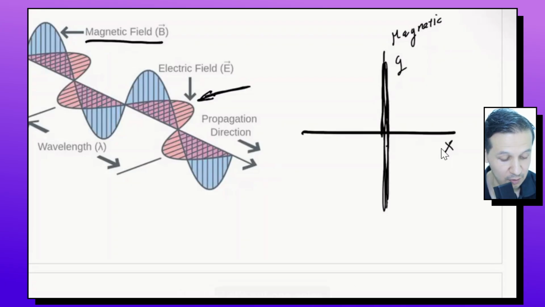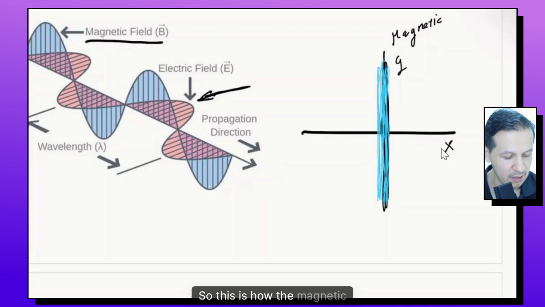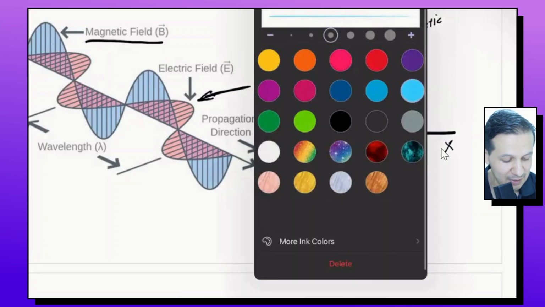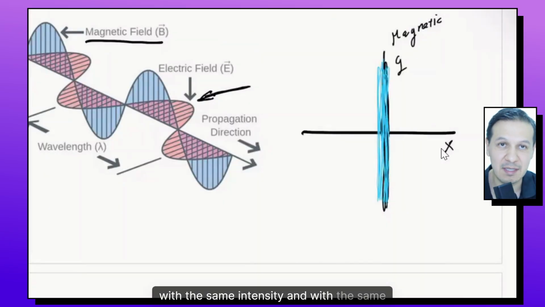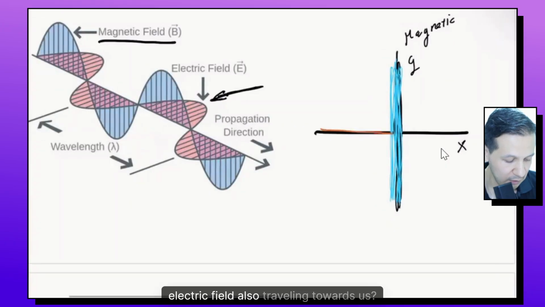Let's put one color. This is what we could see if it's traveling towards our eyes, and this will be the magnetic field. You see how I am drawing this? This is how the magnetic field travels, but at the same time, with the same intensity, the same energy, and the same frequency, the electric field is also traveling toward us.